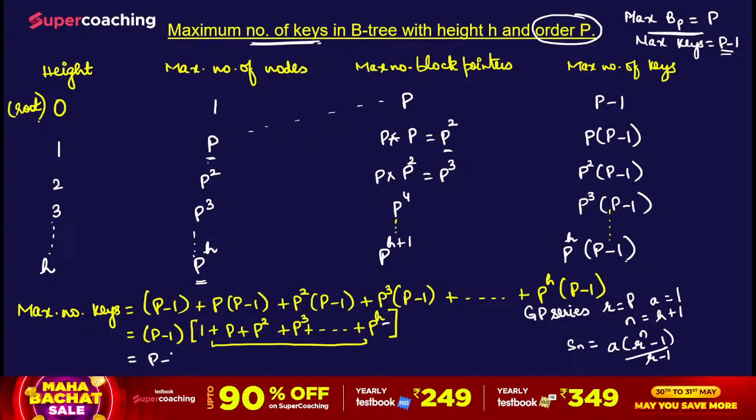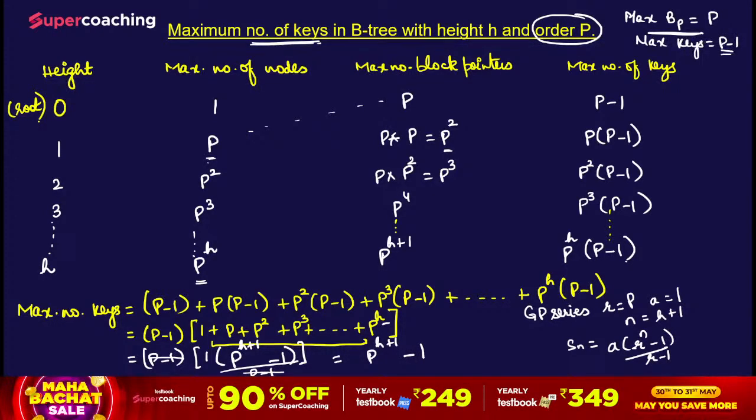So here we'll get P minus 1, a is 1, r is P, number of terms are h plus 1, so P raised to power h plus 1 minus 1, divided by P minus 1. This gets cancelled out. So ultimately we get P raised to power h plus 1 minus 1. These are the maximum number of keys.